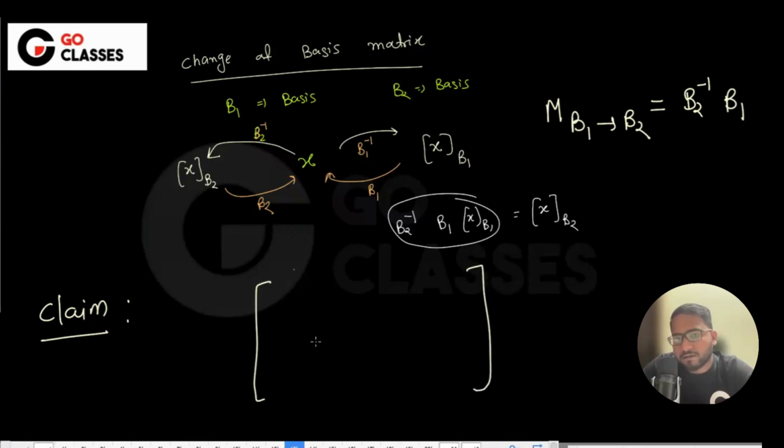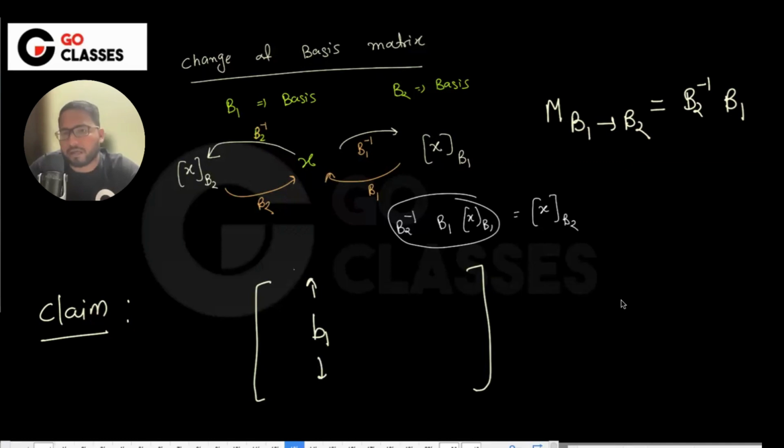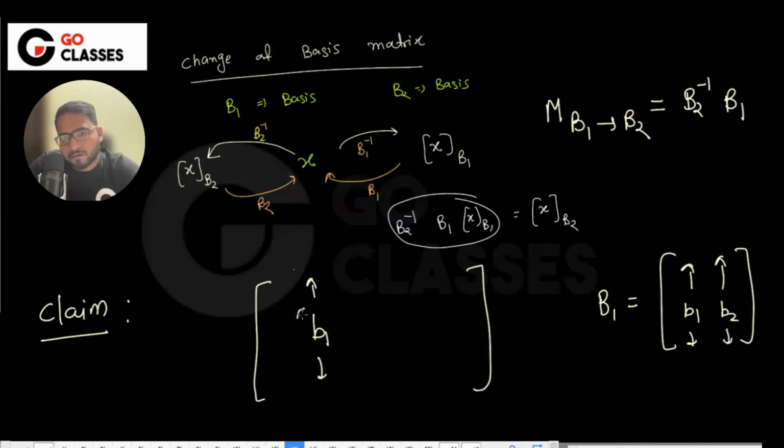This is basically, you can say, the coordinates of this. b1 is a basis vector. So again, my notation that I have been following till now is this, right? As you know, this is b1, this is b2. This matrix is the b1 vector with respect to basis b2.